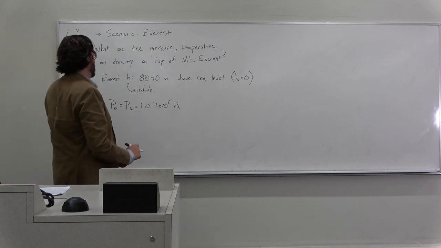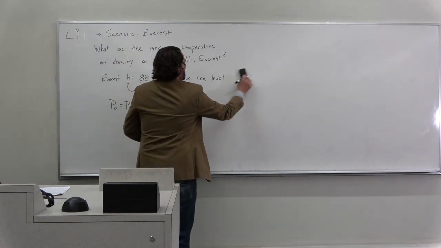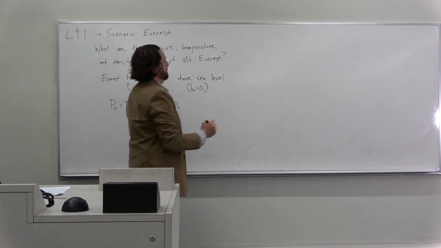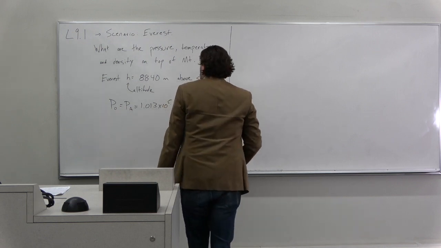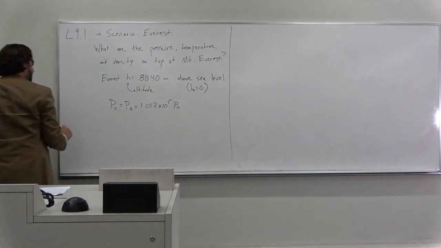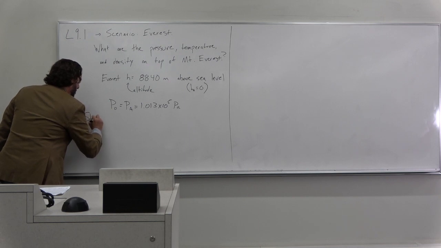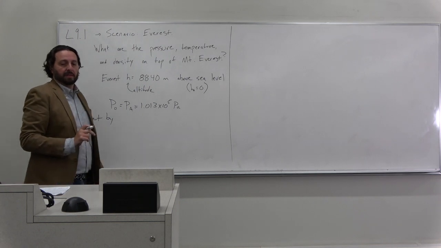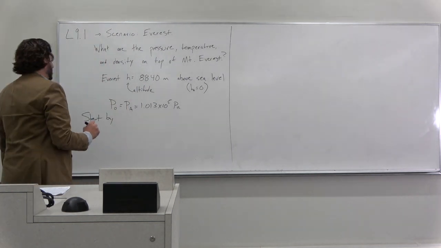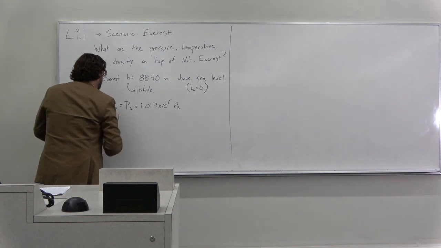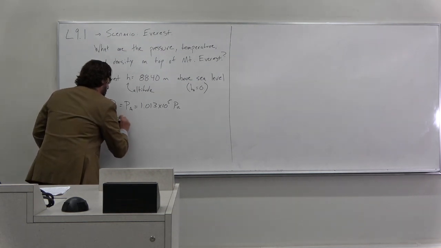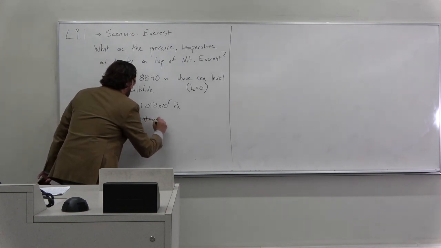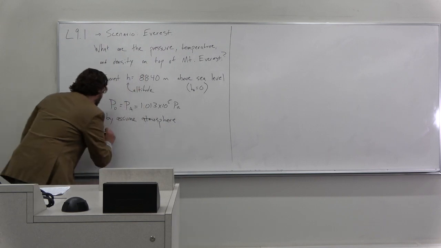Okay, so how are we going to do such a thing? Let's start by calculating the pressure on the top of Everest. Assume that the atmosphere is a uniform density.